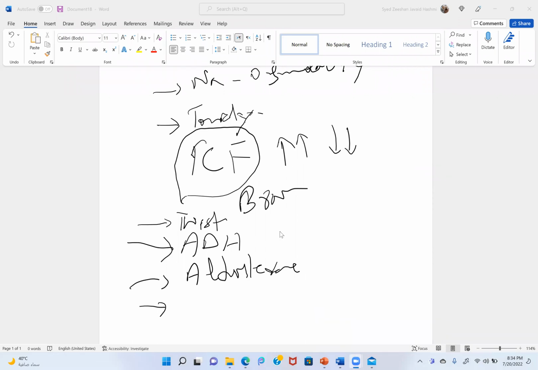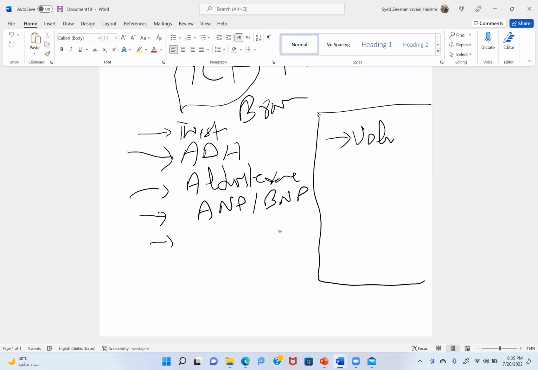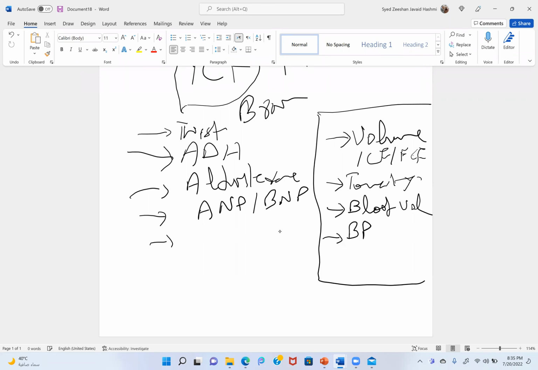Okay, so then there is the concept of ANP, BNP, and there is a concept of volume, because the result of sodium will change the volume status between ICF and ECF. It will be affecting the tonicity, it will affect the blood circulatory volume, and it somehow also affects blood pressure.